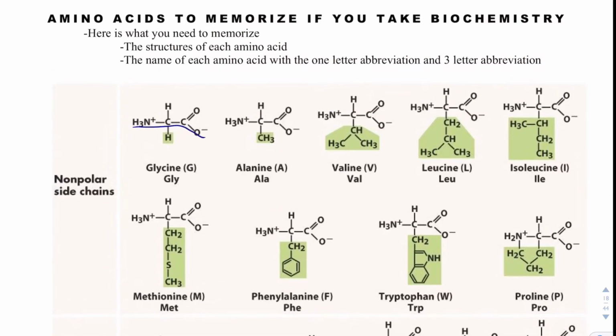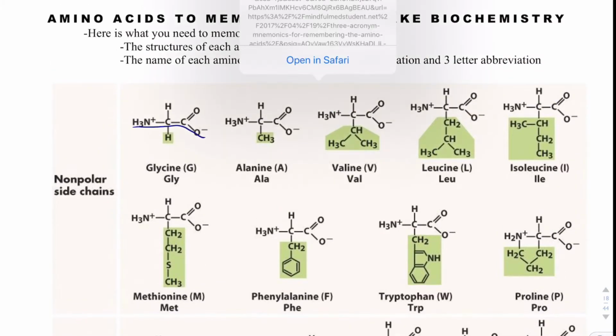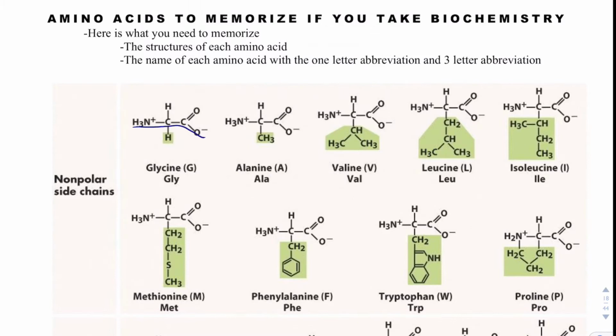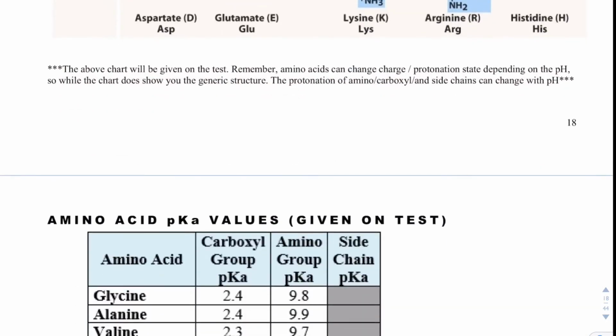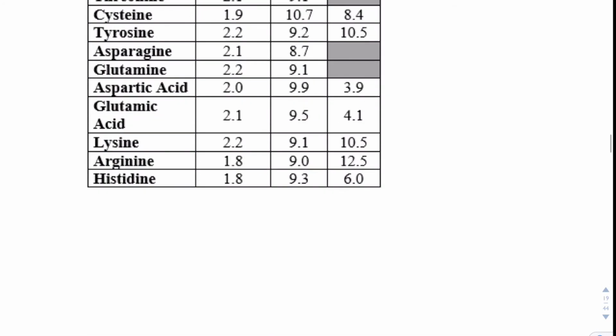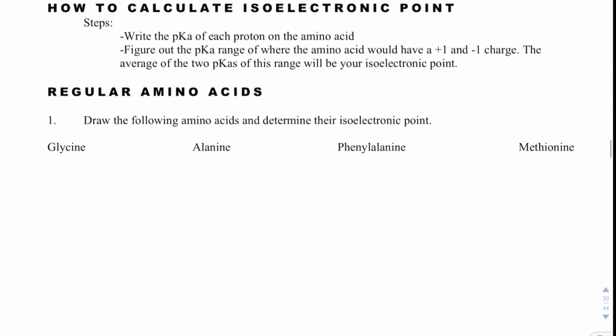Each amino acid has a 1-letter abbreviation and also a 3-letter abbreviation. So we could abbreviate glycine as G or GLY, and that'll be given on the test. Your amino acid pKa values will also be given on a test.